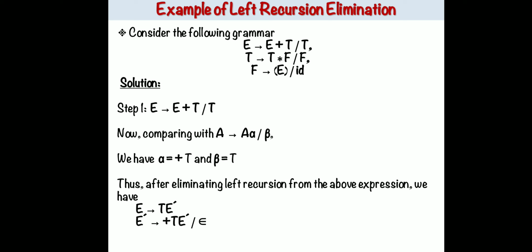In step 1, we see that E arrow E plus T slash T. We will compare the grammar with the production A arrow A alpha slash beta, where alpha refers to the portion plus T and beta refers to the portion T. Then after elimination we will get E arrow T E dash, E dash arrow plus T E dash slash null, meaning beta E dash and then alpha E dash slash null. This is the rule.